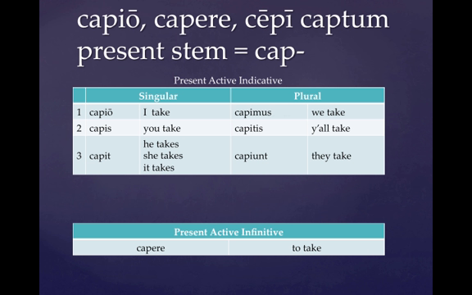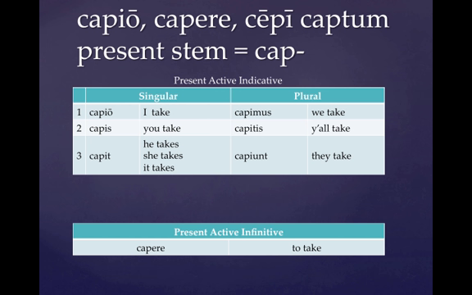So, as always, we have a paradigm, an example verb. This one is capiō, capere, cēpī, captum. And when you remove the ERE from the second principal part to get your present stem, it is cap.